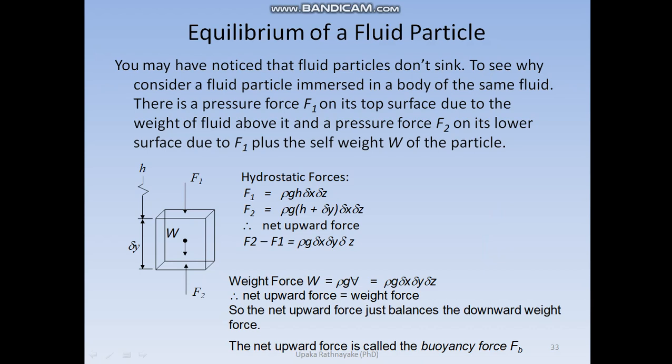Similarly, we can find the pressure force acting on the bottom surface to be rho g, now the height is h plus delta y, the area is delta x delta z.